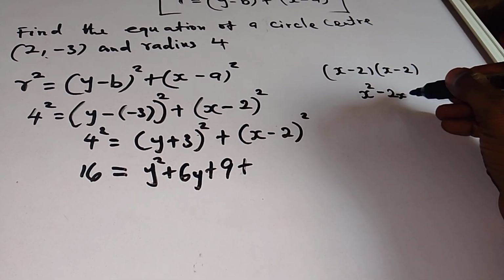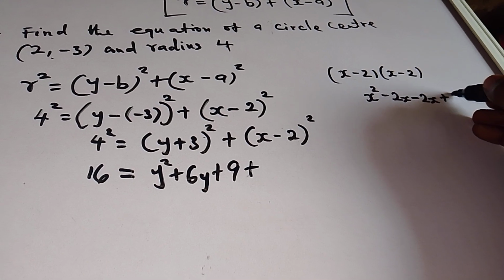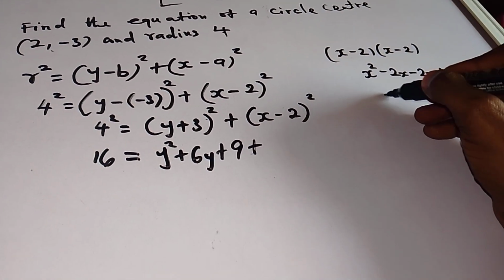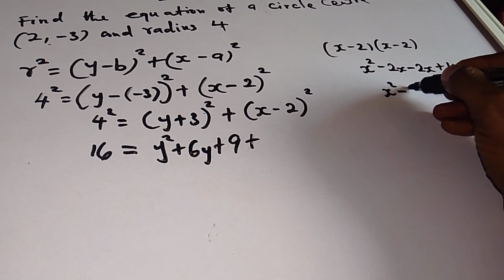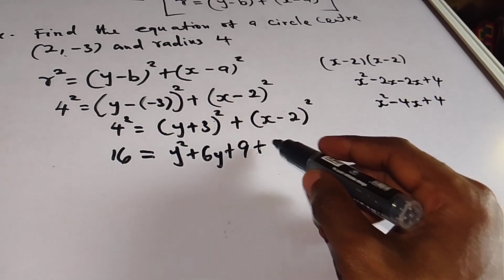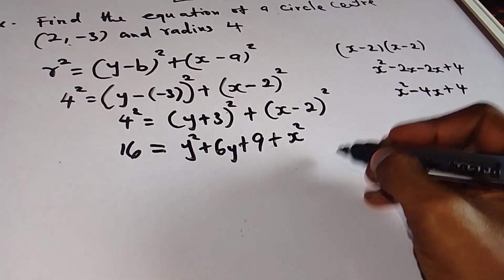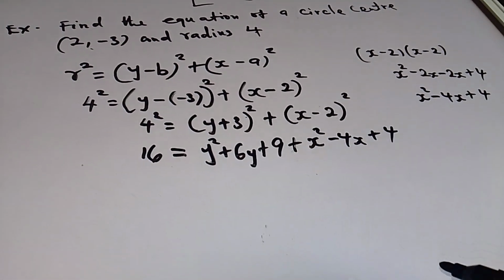Minus 2 times x is minus 2x. Minus 2 times minus 2 is plus 4. Collecting like terms, x squared minus 2x minus 2x, that's minus 4x, then plus 4. So we bring that down: x squared minus 4x plus 4.